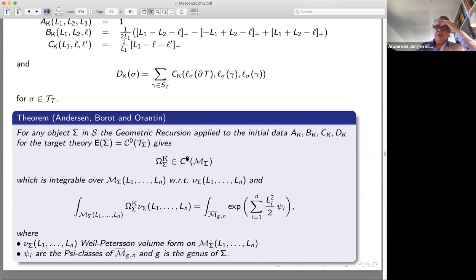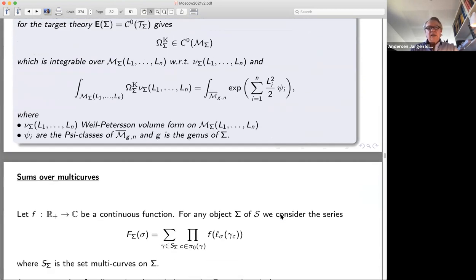It gives continuous functions on moduli space with the property that if you multiply them onto the Weil-Petersson volume form on these moduli spaces, where you keep the boundary lengths fixed, and you integrate, what you get is simply integrals over the compactified moduli space of L_i squared over 2 times the psi_i classes. This is the reason why we call them Kontsevich initial data.